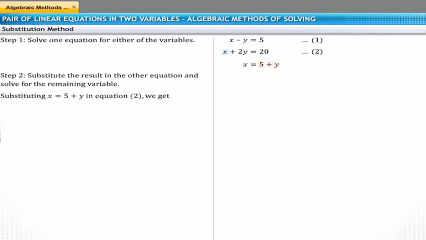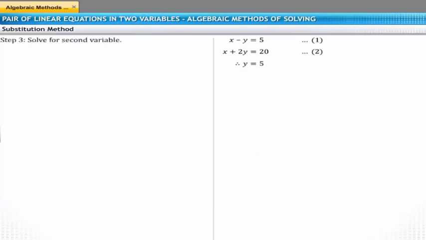Let's solve this equation further. Hence, the value of y is equal to 5.